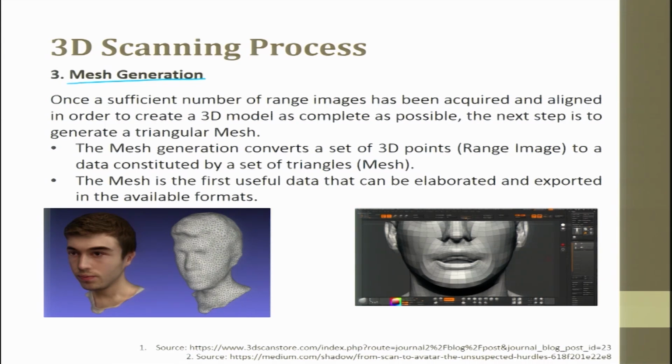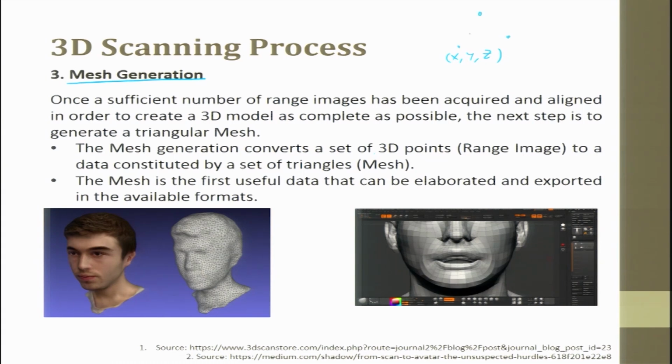Once a significant number of range images have been acquired and aligned, in order to create a 3D model as complete as possible, the next step is to generate a triangular mesh. The mesh generation converts a set of 3D points, a range image, to data constituted by a set of triangles called mesh. So, 3D points, this will be x, y, z.